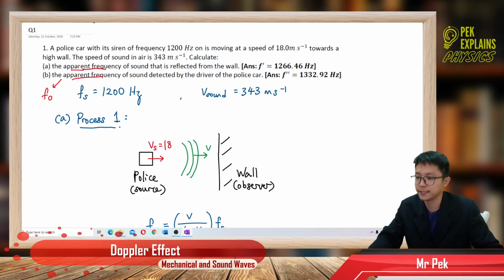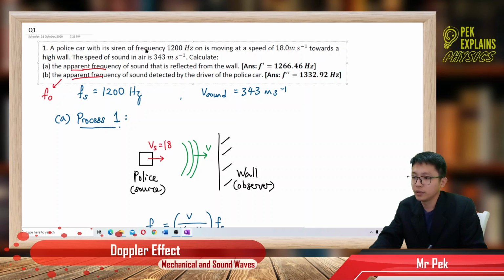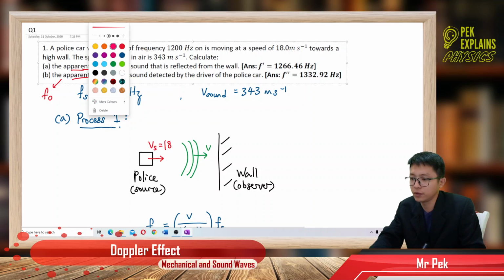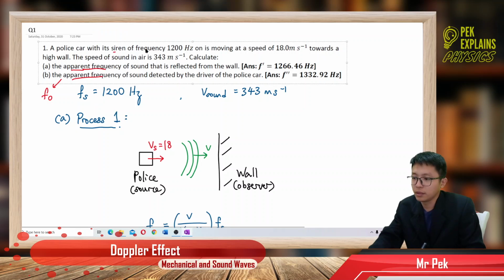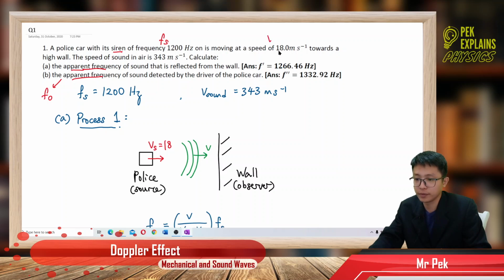He gives you the source frequency, the siren frequency, Fs, the actual frequency. And this speed of 18 meters per second is the speed of the source, the speed of the siren.